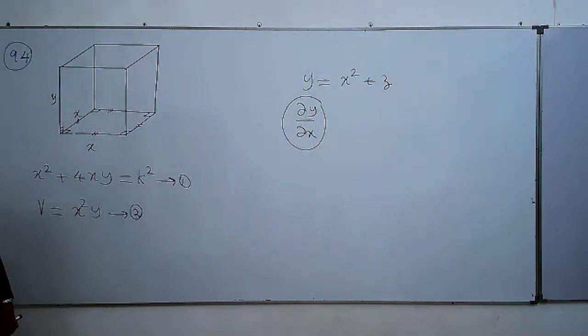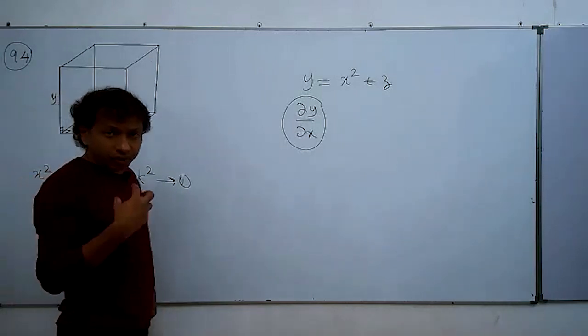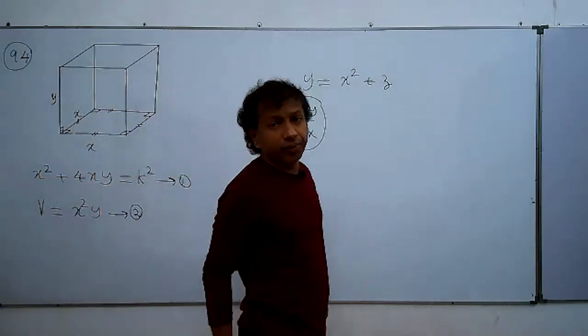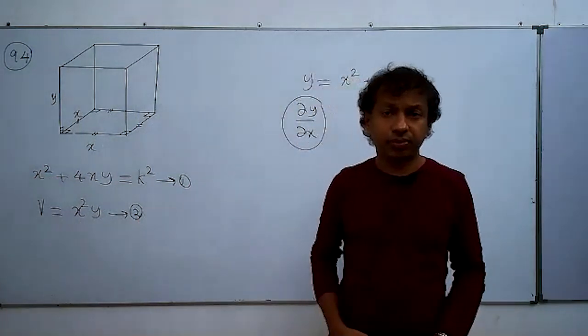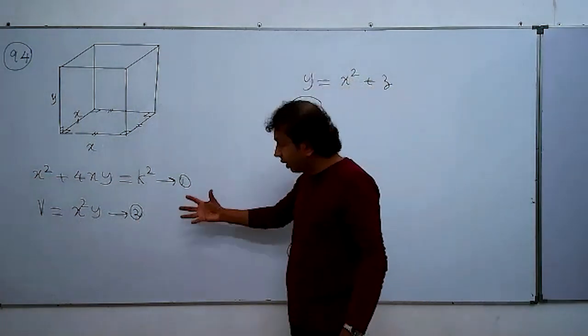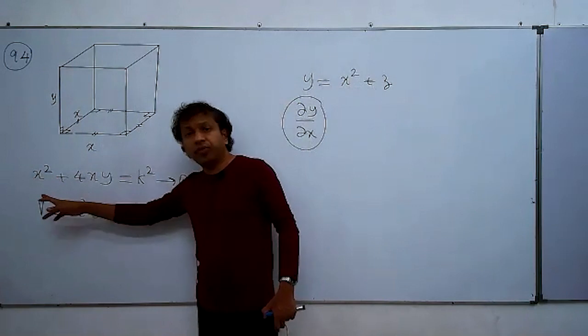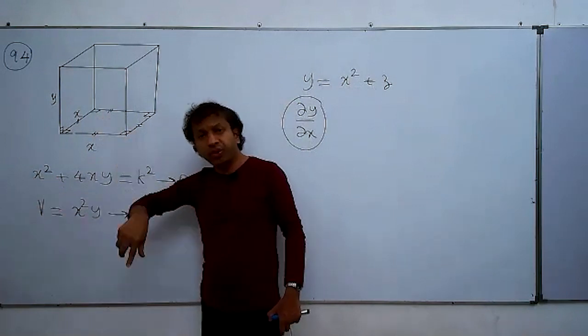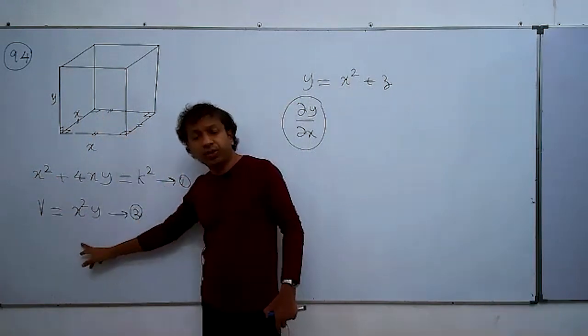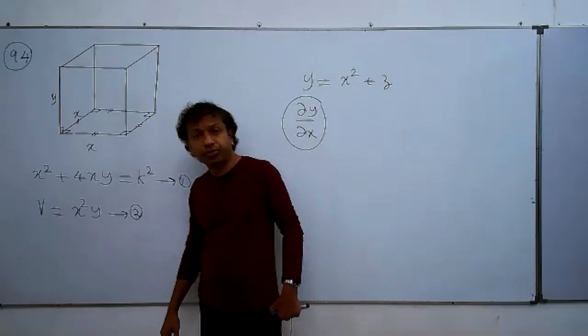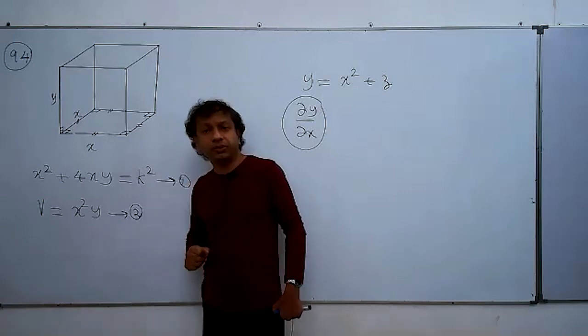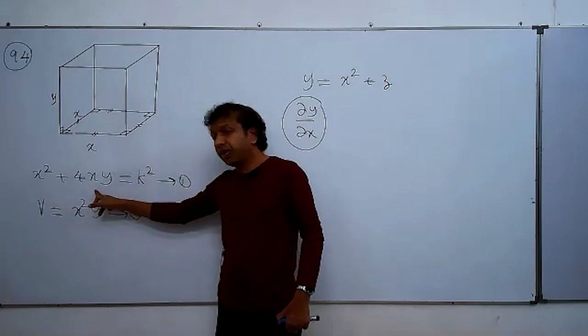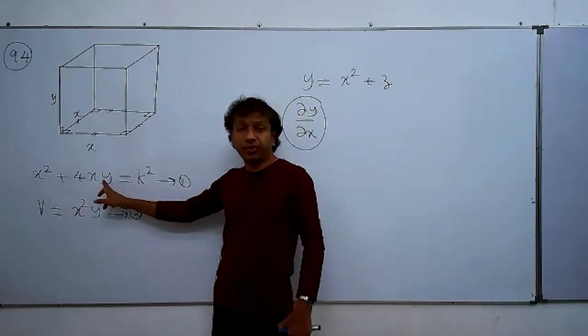So when you find in a differentiation question this type of situation, the given variable which is to be maximized or minimized comes in terms of two variables. And in the same question, we get another equation.